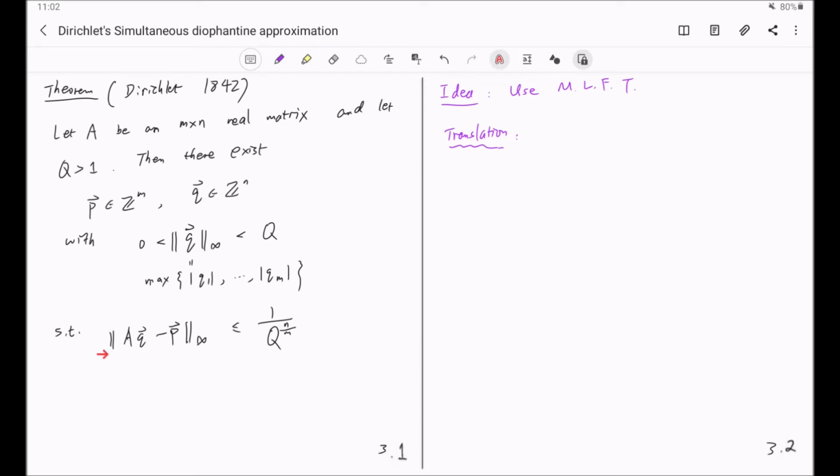If you look at this condition component-wise, it says the absolute value of this is less than or equal to 1 over Q raised to the power n divided by m for any i from 1 to m.